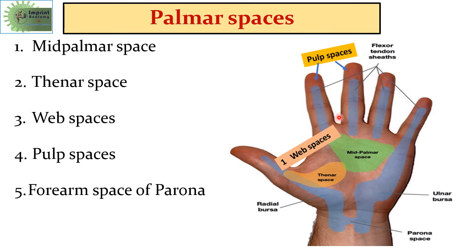So these are the subcutaneous spaces between the fingers, and that space is called a web space. Then the pulp space is located at the tip of the fingers, and the space of Parona is located in the forearm.